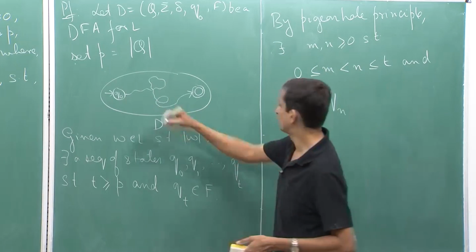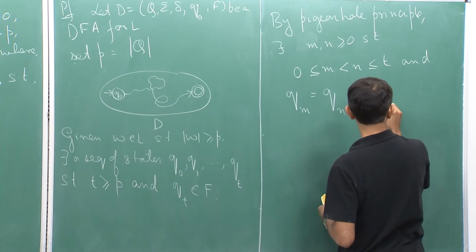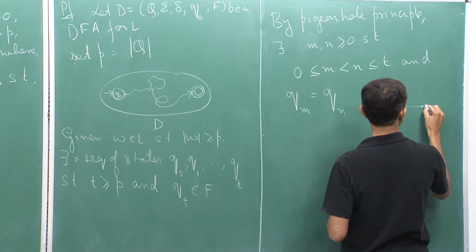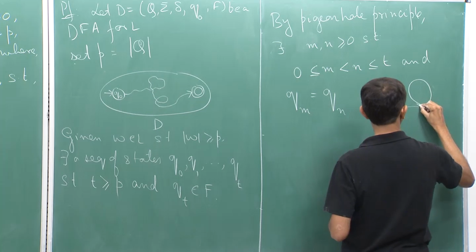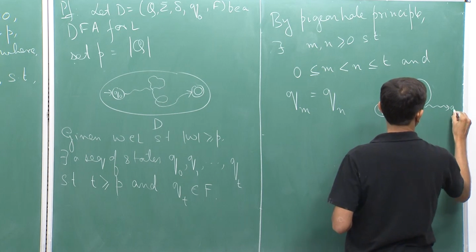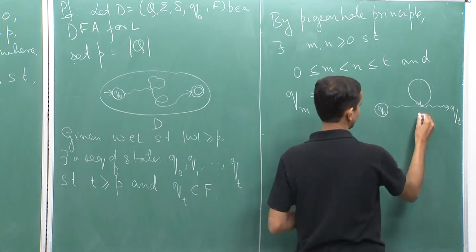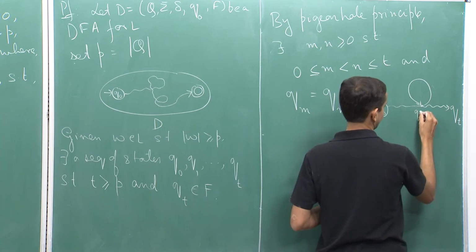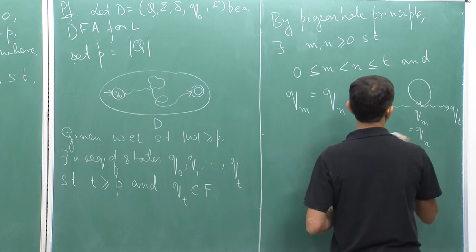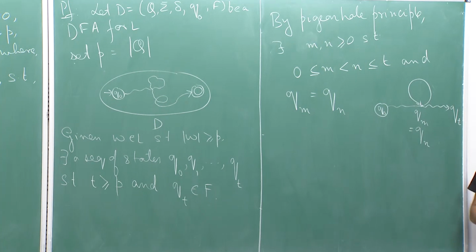So, basically this is what we have. We are going from q0, there is some point where there is a loop, and from this loop we go to qt. This is the state q_m or q_n, whatever you want to call it.